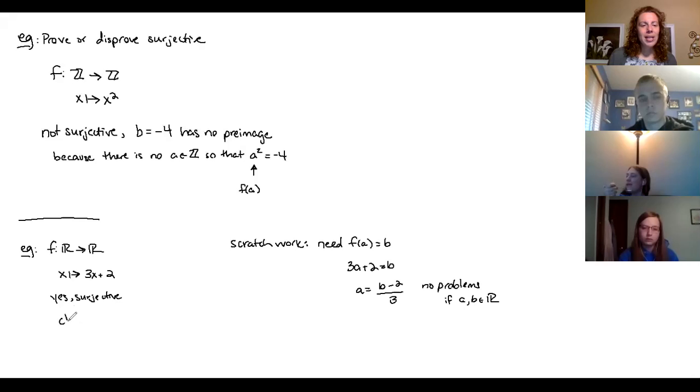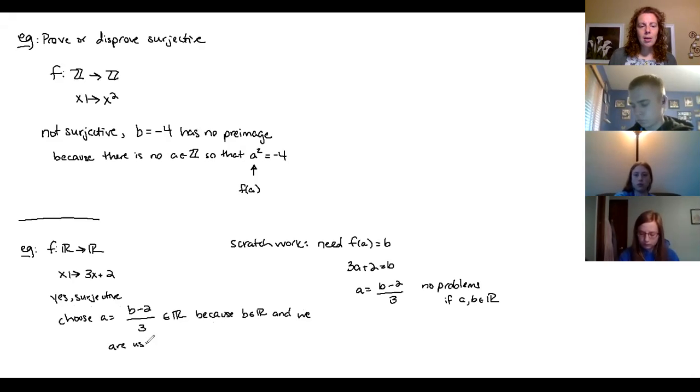So we can say choose a equals (b minus 2) over 3, which lives in the real numbers because b lives in the real numbers, and we are using subtraction and division. Again, division is a problem with the integers. It's okay for the real numbers right now. Sorry, I ran out of space and I'm doing poor whiteboard work.